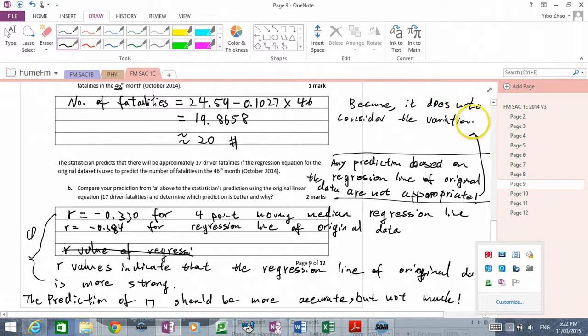You need to mention something about variation to get 1 mark, because this is a tricky question.